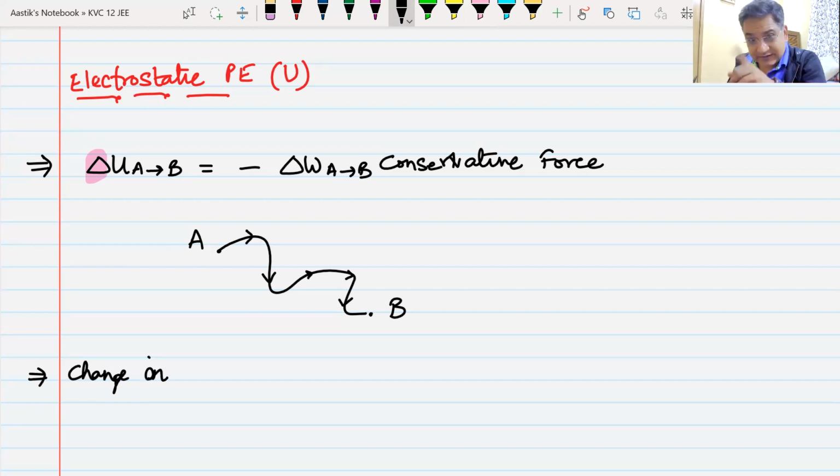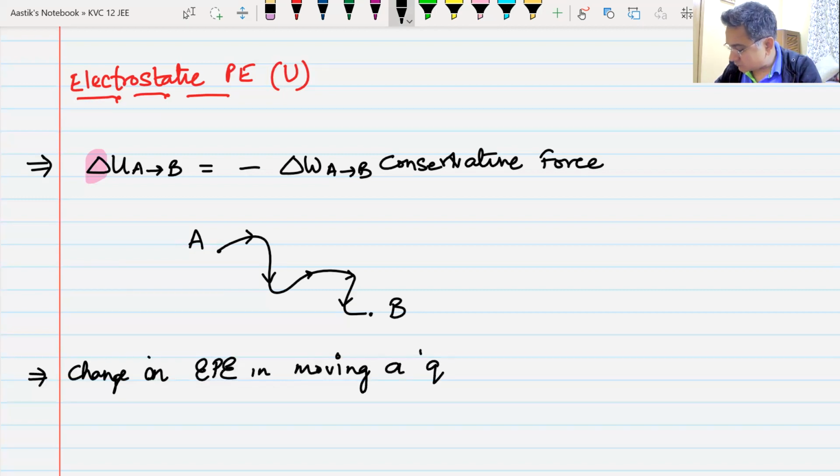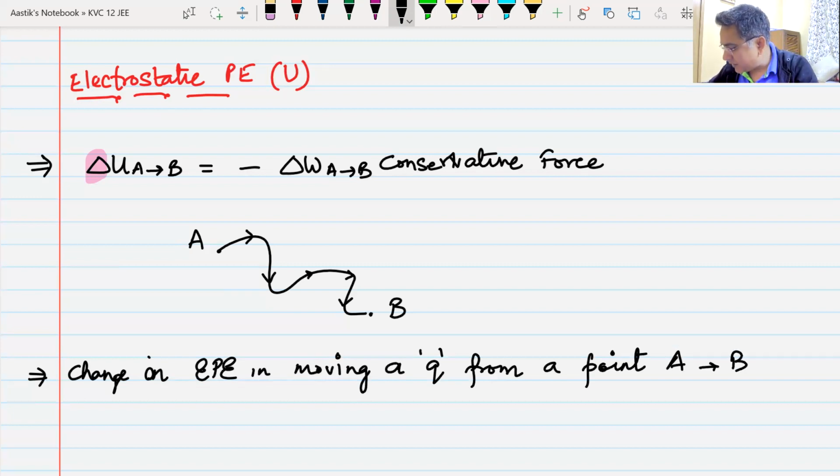Now, once you understand delta is change, you can just tell me the definition of the entire thing. So change in electrostatic potential energy in moving a charge from a point A to a point B, where this charge would be placed.